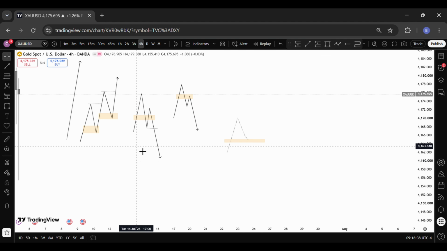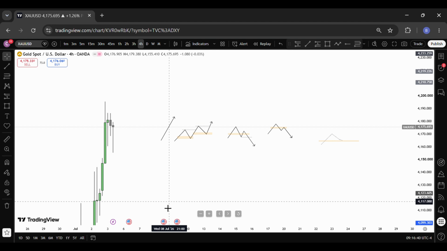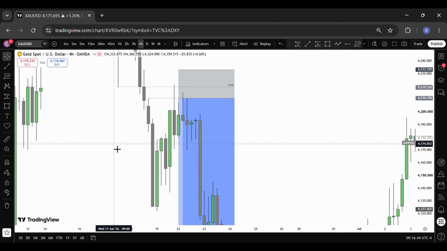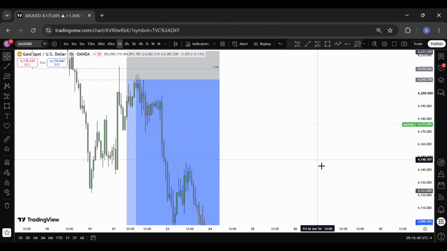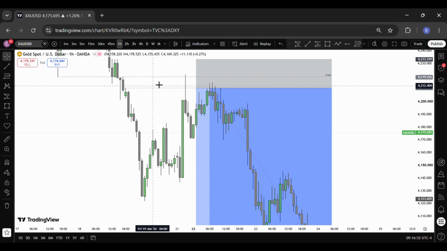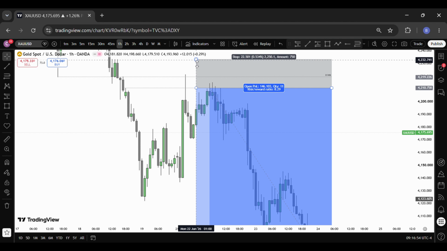If price rejects, I'm just going to use live price action to explain what I'm talking about. Now let's go to the 1 hour time frame. Now this is an important high.